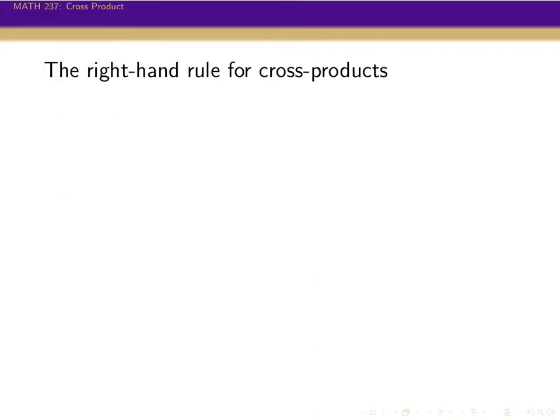Okay, so a natural question is, say we have U here, we have V here, and then we have W there. You're going to calculate V cross W. You know it's going to be perpendicular to V and W, but you don't know whether it's going to be this vector pointing up or this vector pointing down.